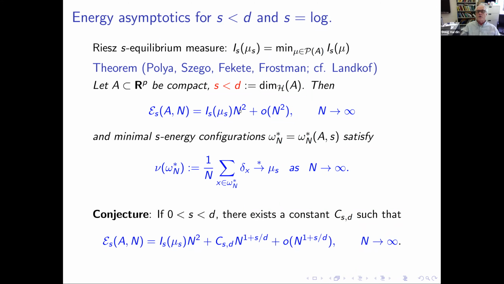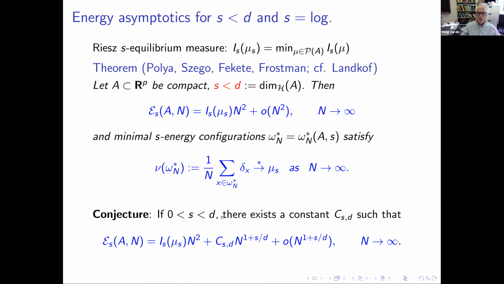So the n squared term is only very loosely telling us about the local structure, but is mostly telling us about the macroscopic density, as n goes to infinity, of optimal n-point configurations.